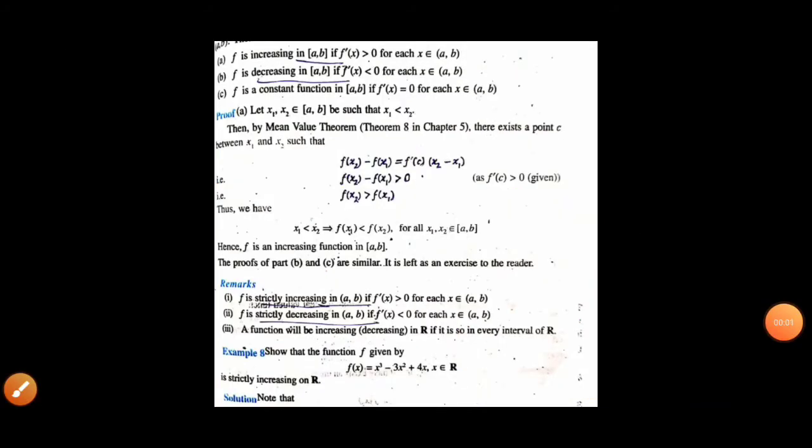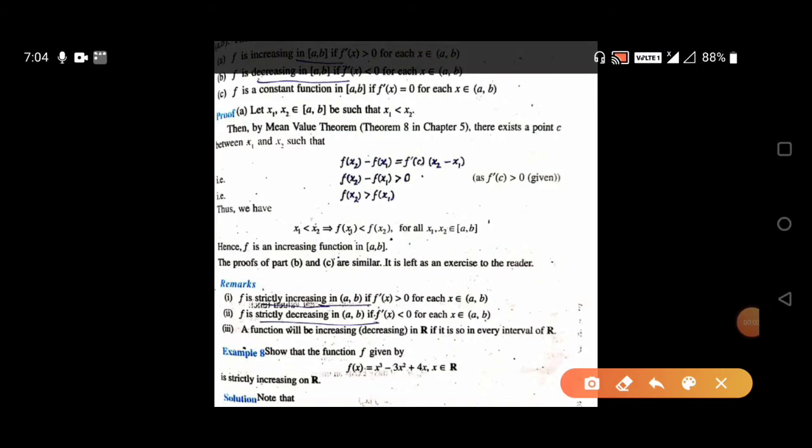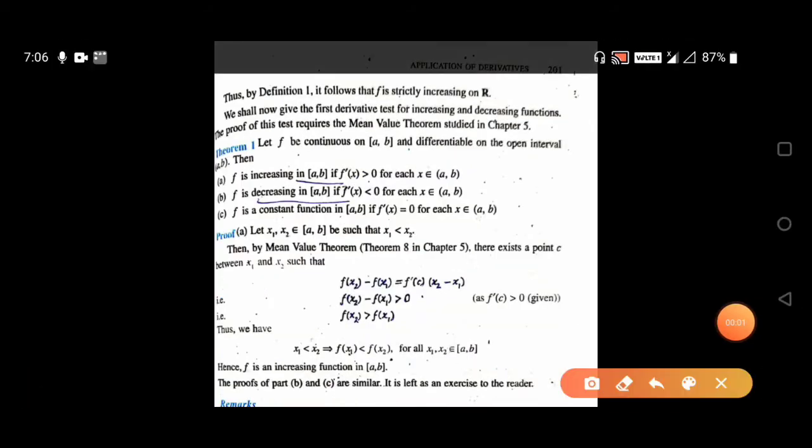Now in the remark it is given that f is strictly increasing in the open interval AB if f dash x is greater than 0 for each x belonging to the open interval AB. f is strictly decreasing in the open interval AB if f dash x is less than 0 for each x belonging to the open interval AB. So by theorem 1, f is continuous on the closed interval and differentiable on the open interval.